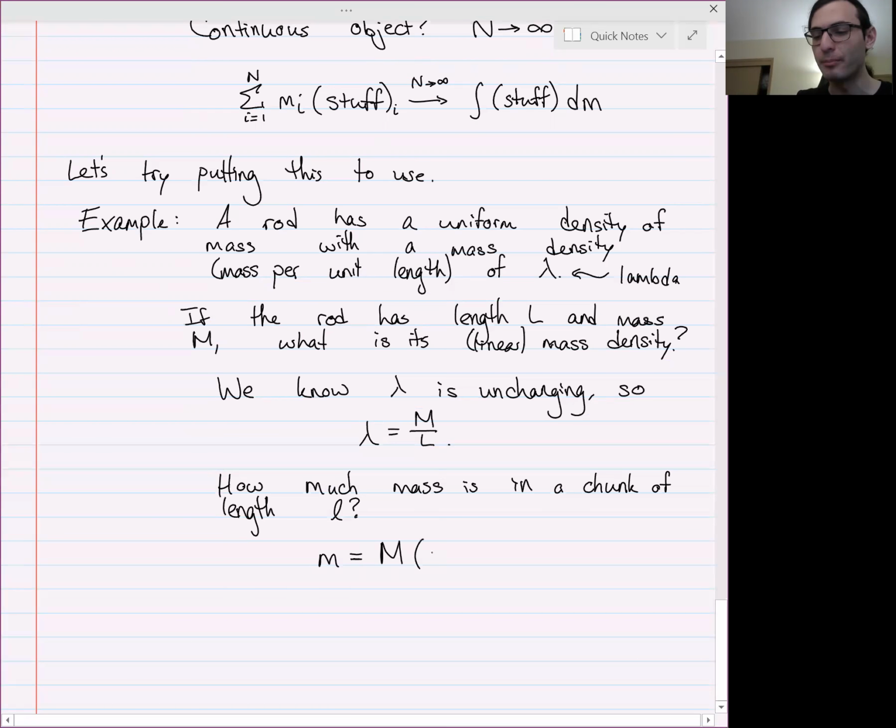This would be capital M times l over capital L. So it would be the total mass, and then you would multiply it by what fraction of the total length is the length that we're interested in. So if little l was half of the total length, then the mass of little l should be half of the total mass, right? And so we can rearrange this and get l times capital M over L. But M over L is just lambda, so this is just lambda l.